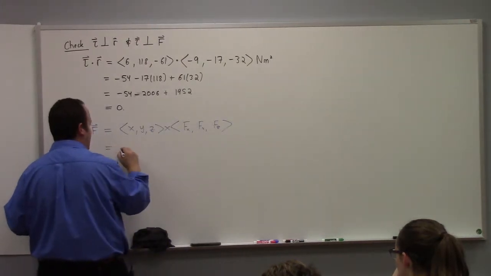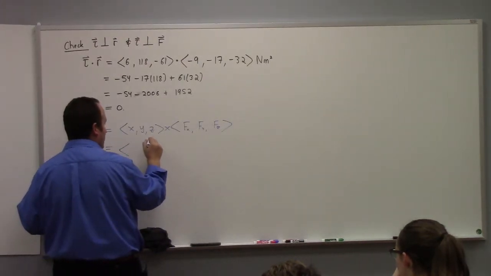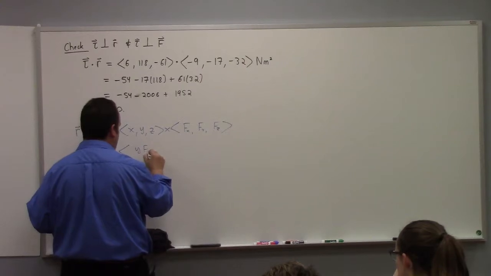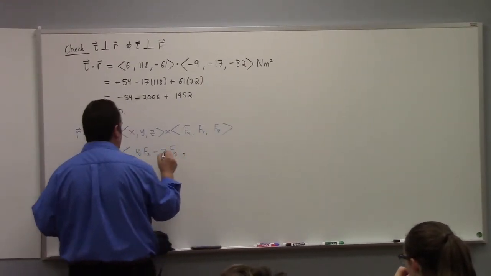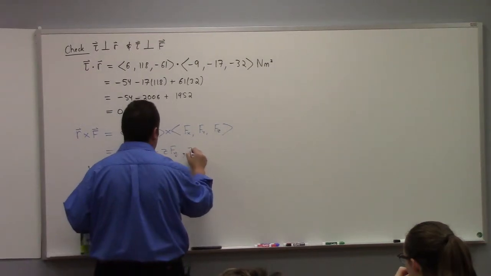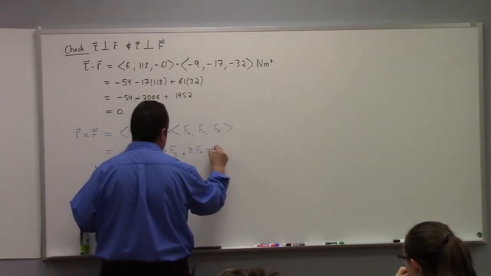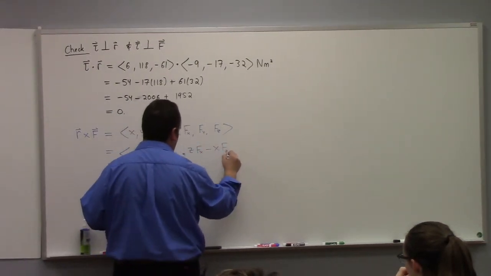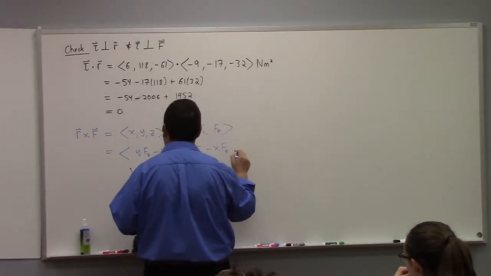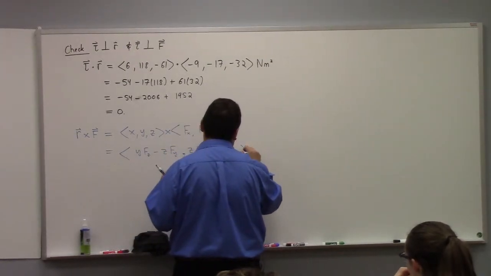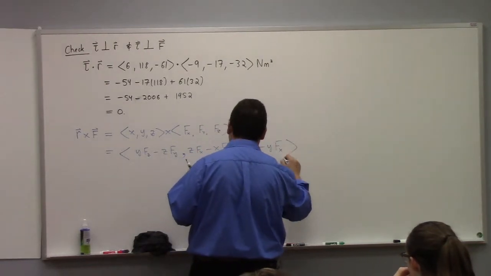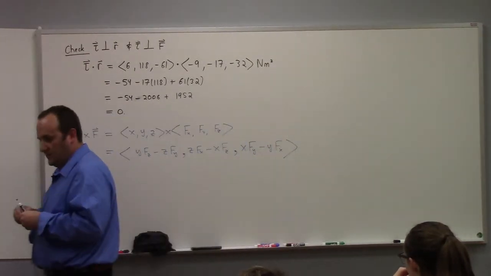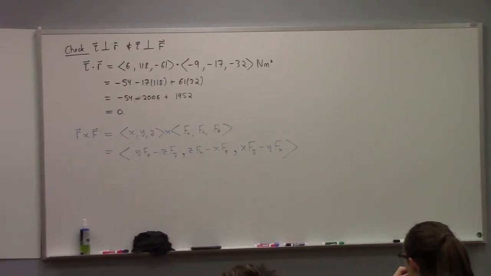And here's a formula for that. You've got Y Fz minus Z Fy, comma, Z Fx minus X Fz, comma, X Fy minus Y Fx. So alternatively, you could use this formula to calculate the torque, right?